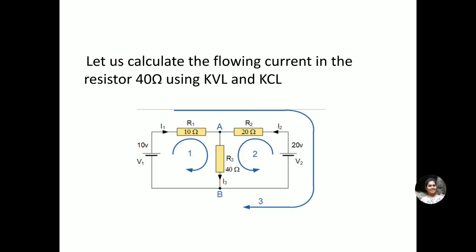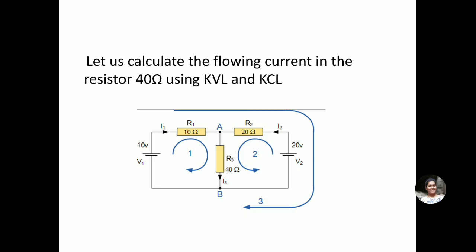Here we can find two loops. One is indicated with the number 1, and there is another loop on the right hand side, loop 2. We also have three different branches: R1, R2 and R3. All these branches are connected to two different nodes.